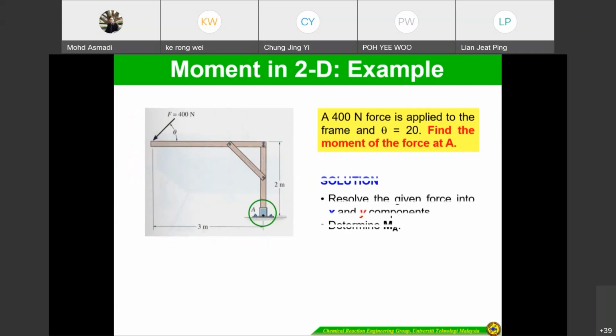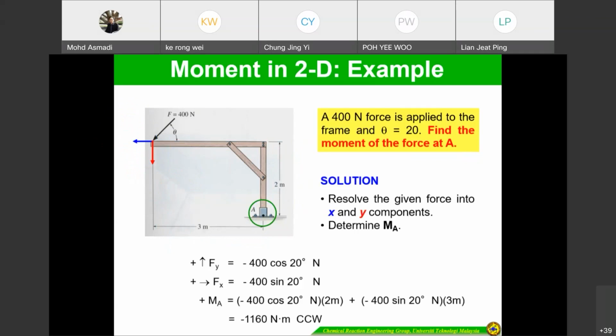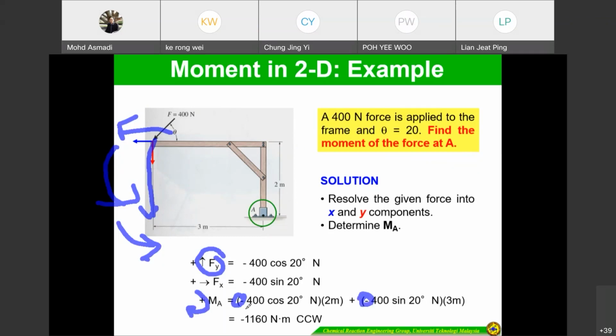Once we resolve the given force into x and y components, we can calculate the M A, the total moment. Because this one is to the counterclockwise, and this one is also counterclockwise, and we define clockwise as positive, we get negative 400, negative 400, so negative 1160.